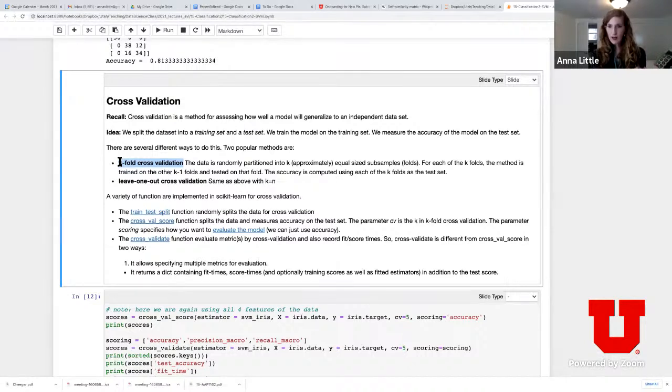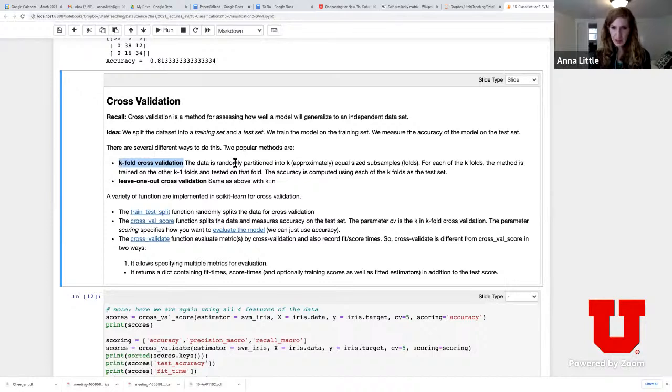And then for each of the k folds, we train on the k-1 folds and test on the remaining fold, and we alternate which one is being used as the test set so that all of the points get to be test points at some point during this procedure.